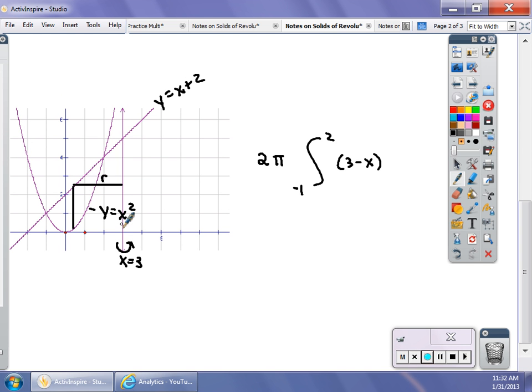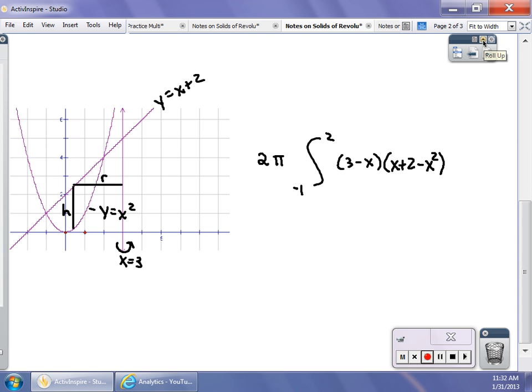That's perpendicular to my axis of revolution. My height is parallel to my axis of revolution. I'm just rotating that around. So how far this radius is, that's the 3 minus x. The height is going to be x plus 2 minus x squared. That's the top of the region, that's the bottom of the region, and that's dx.